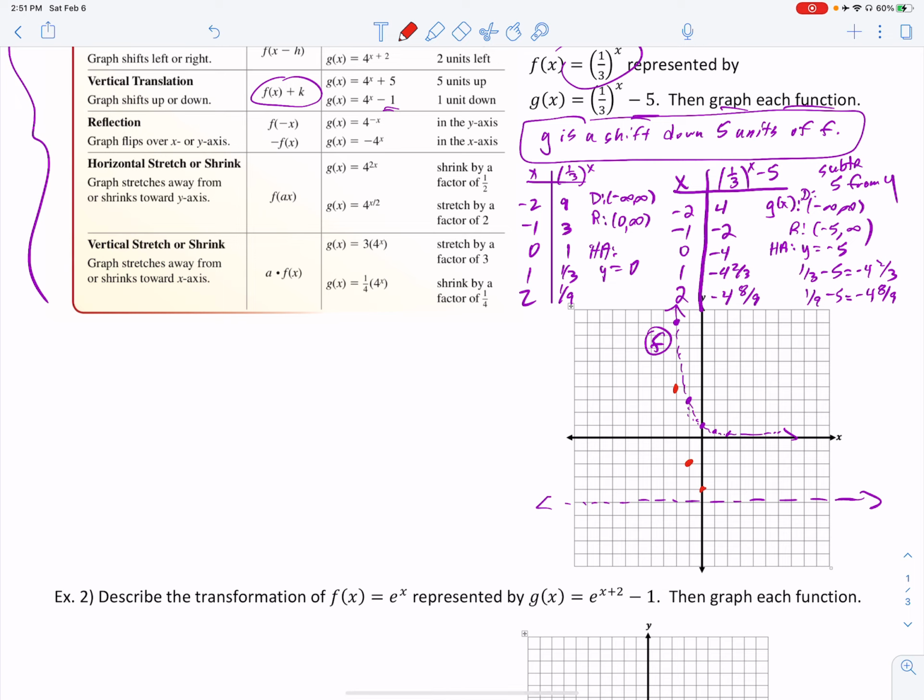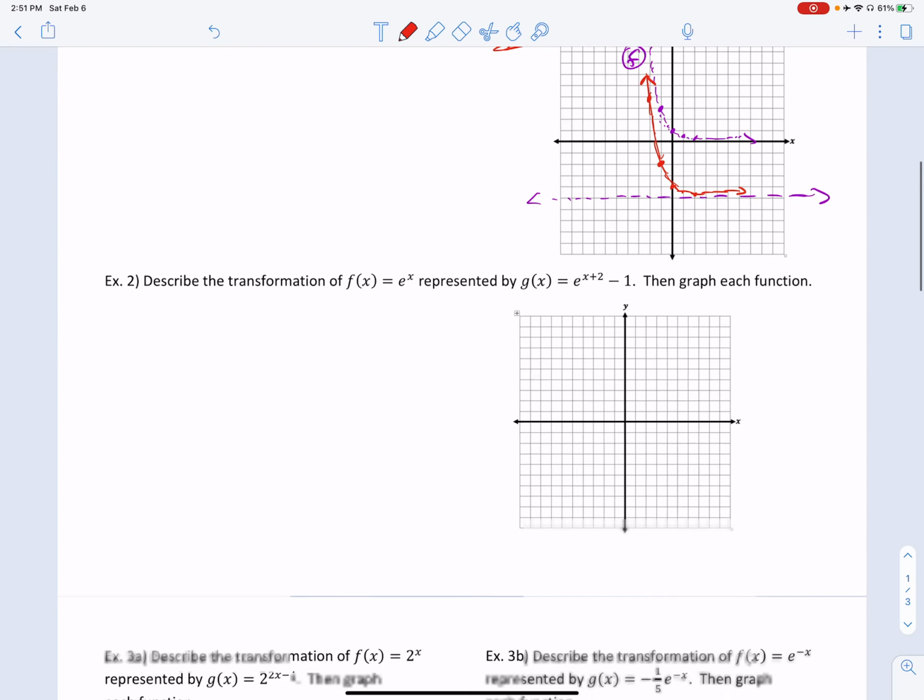At 0, I'm at -4. I'm at -4 2/3 and then 1/9. And so g is going to look like this. So you need to have points plotted accurately. You need to be able to identify domain, range, asymptotes, and give tables of values showing where these points end up under the transformation. Let's look at another one.